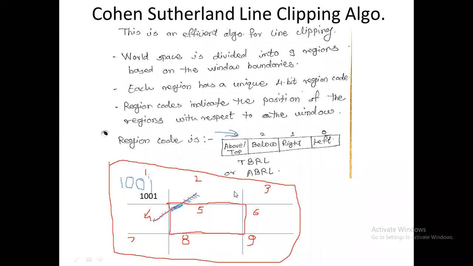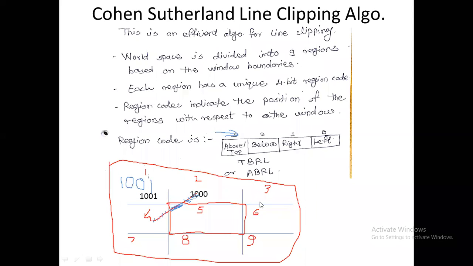It is neither right nor left, because it is inside of this left and right boundary. So these two bits will be set to 0. So what should be the code here? It should be 1000. So this is the code 1000.